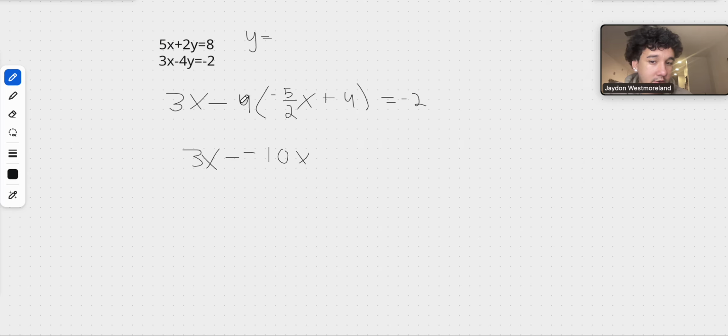I reduced this because now this is a 2 and this is whatever. Same thing here. I'm going to reduce this here, which is going to give me 4. Well, I actually can't, so I'm going to multiply out. That's going to give me minus 16 is equal to negative 2.